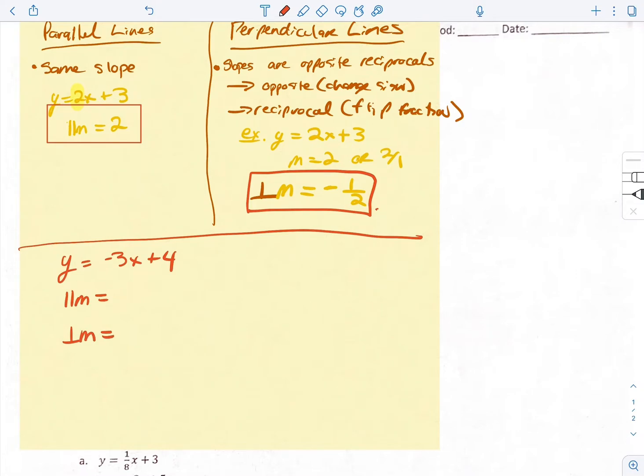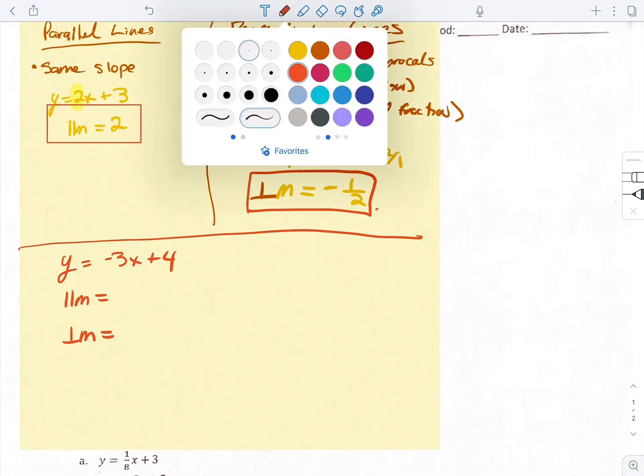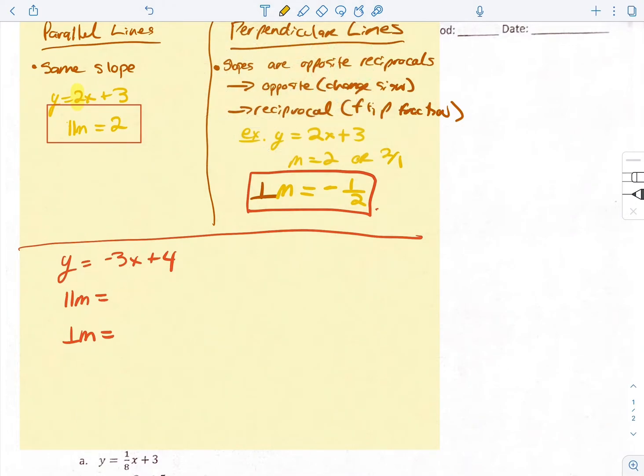Feel free to pause the video to come up with the right answer. All right, so first off, when we talk about parallel slope, we know it has to have the same slope as the equation given. The slope of the equation given here is -3. So the parallel slope has to be also -3.